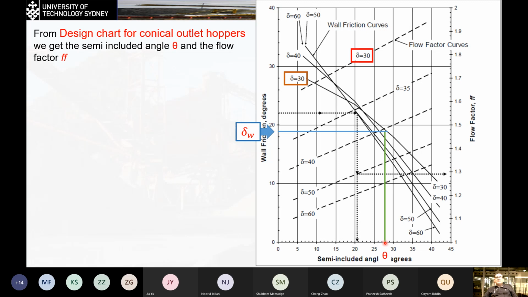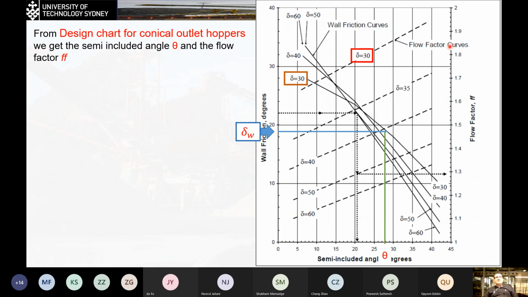Now I'm going to sketch a vertical line from the theta going up, to intersect with the flow factor curve here. You can see that the intersection is going to be here. I'm going to sketch a horizontal line from here to find the value for the FF. So here I can say that the theta was 28 degrees and the FF is 1.84, unitless.